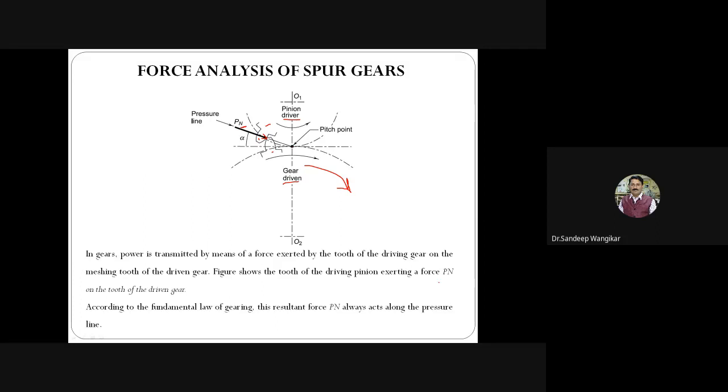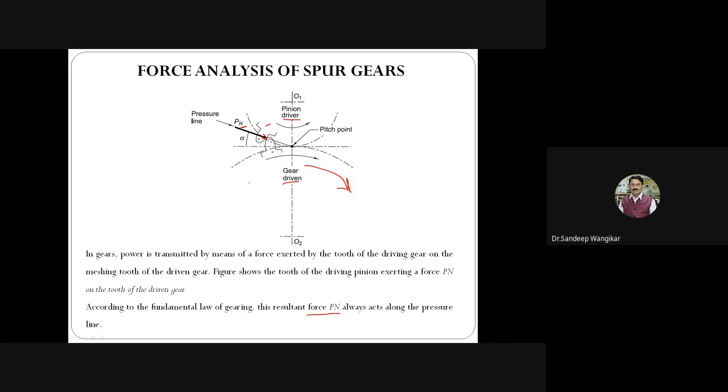This figure shows that the total force is Pn. It is the resultant force, and due to this force only the gear is driven. According to the fundamental law of gearing, which you have already studied, the resultant force Pn always acts along the pressure line.